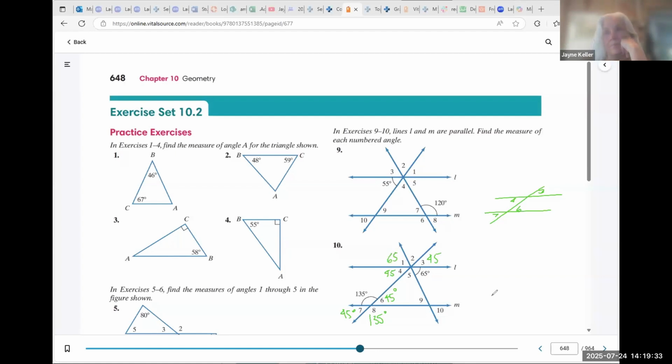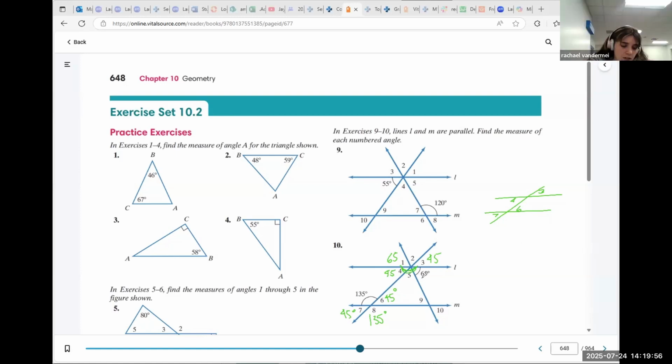And then you can find the supplementary angle with 5, right? If you do 180 minus 65. It has to be this whole thing. So it's angles 4, 5, and this one. So there's actually 3 angles.